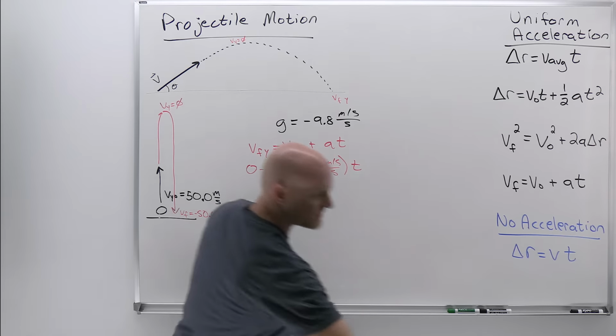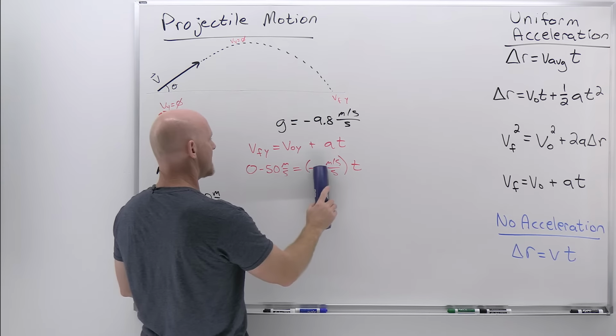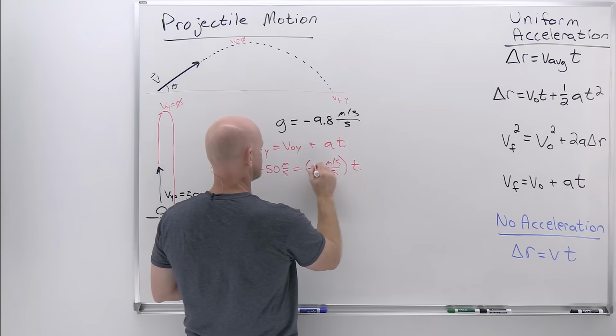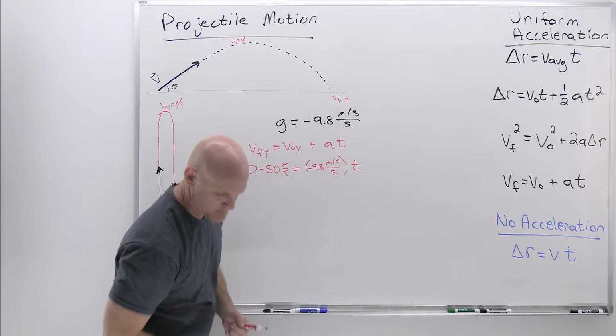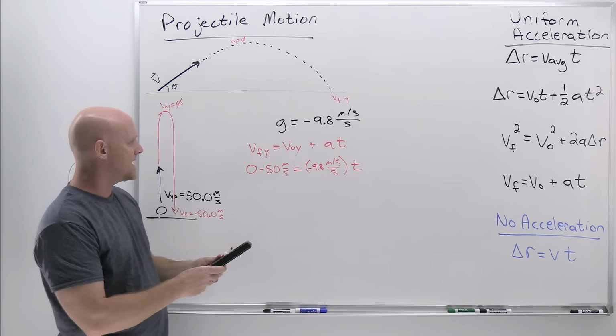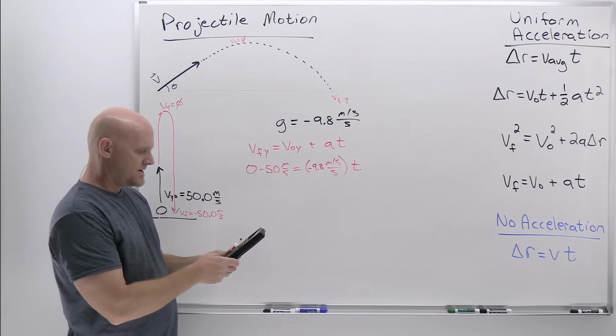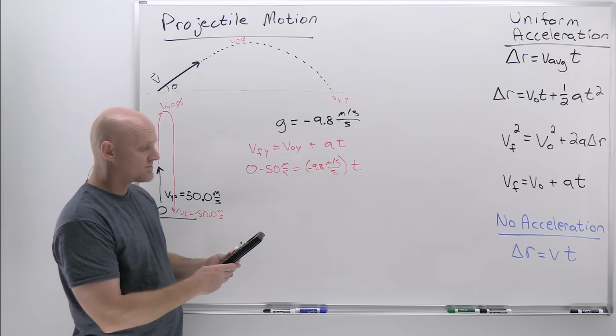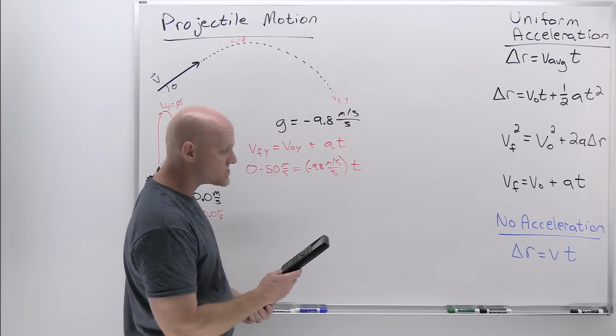Well, again, let's get the exact answer. Let's put the exact 9.8 in there now, and let our calculator do some work for us. And we see that because we're going to be dividing by a little bit smaller number, we're going to get a little bit longer time. And so negative 50 divided by negative 9.8 is going to get us 5.102.